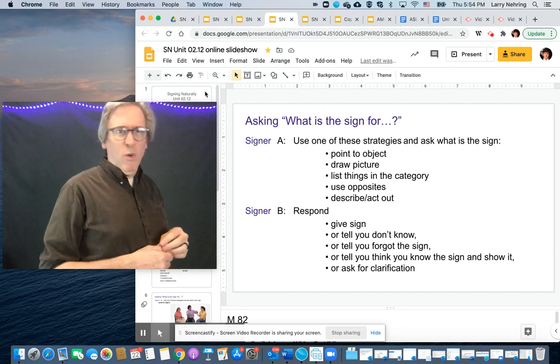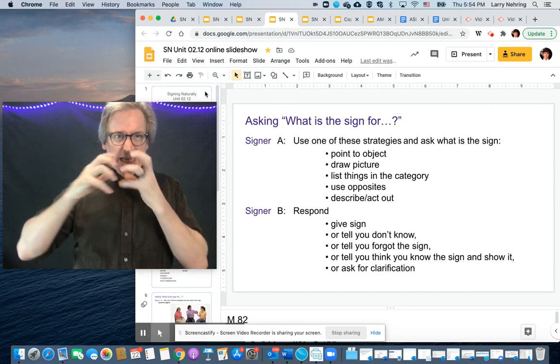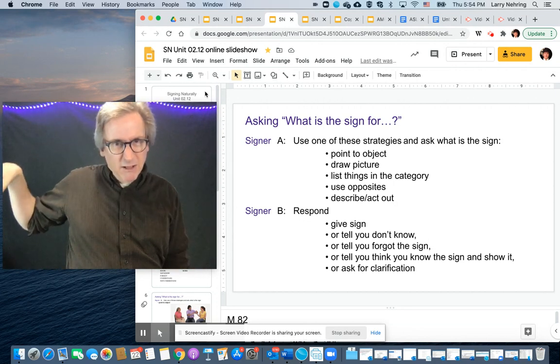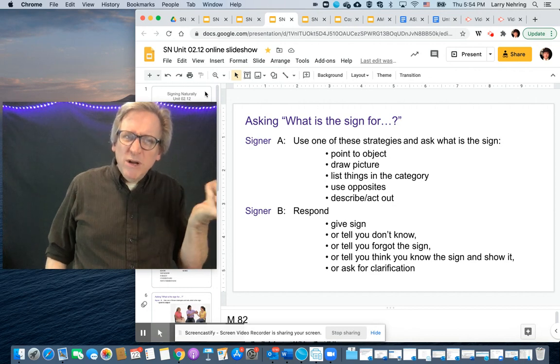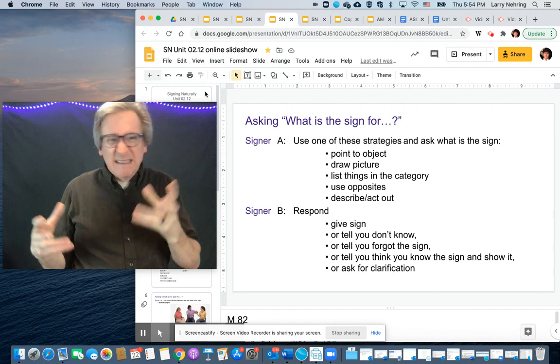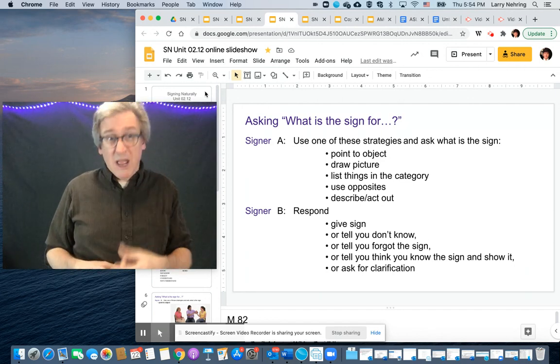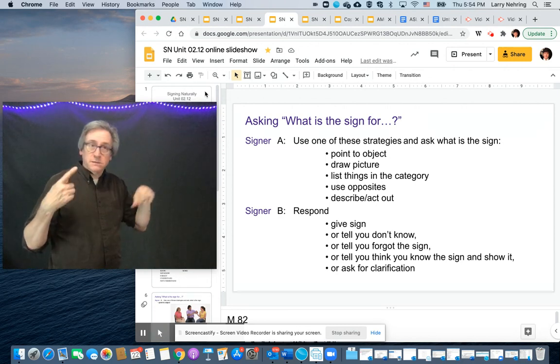If you don't know the name of that little black furry creature that runs all over the campus eating nuts and has a big puffy tail, you could say, well, it's like a little furry thing. It's like a raccoon, a chipmunk, a rat. And somebody goes, squirrel? Oh, yeah, that thing. Same idea, just with signs, with gestures.